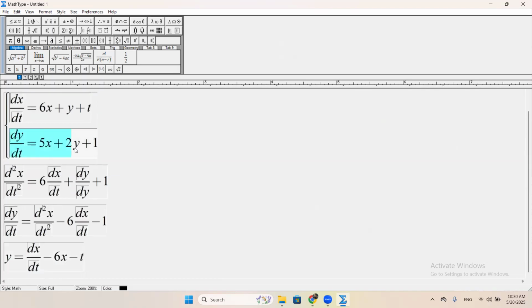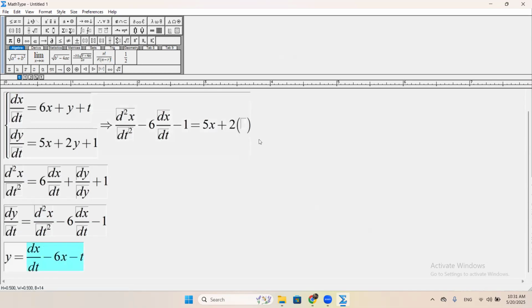So substituting everything into the second equation. Now let's substitute into the second equation. What I have on the left part equals 5x plus 2 multiplied by this expression and plus 1.